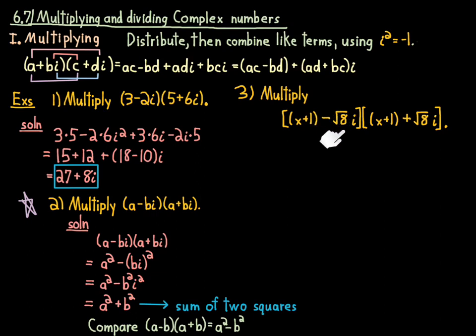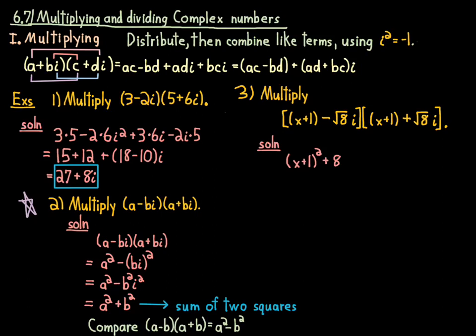So plus 8. So if I write that out, I get x plus 1, the quantity squared, plus 8. That's the answer, except I need to write this in a simpler form. Notice that's a real number. I multiplied two complex numbers. When you multiply two complex conjugates, you get a real number. Right? a squared plus b squared is a real number because a and b are both real.